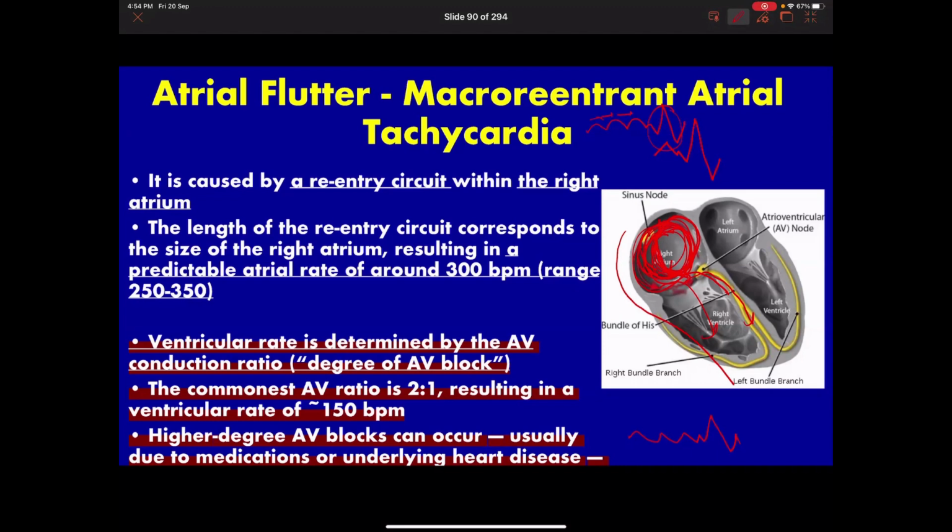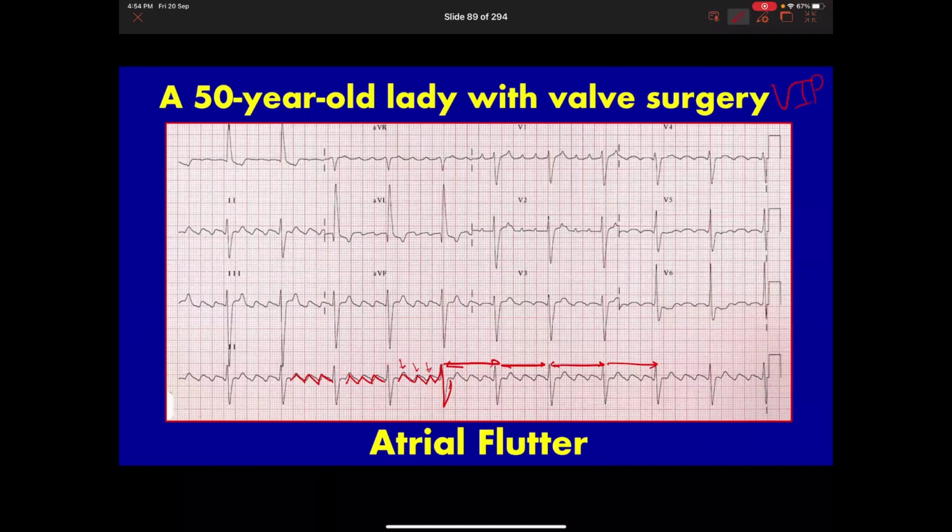So the ventricular rate over here, if you see, is kind of like 2 to 1. For every 2 atrial flutters or impulses, you get 1 ventricular contraction. That's kind of how it looks. Is the atrial flutter clear? Yes. Okay. So please know this image by heart, sawtooth appearance, okay?